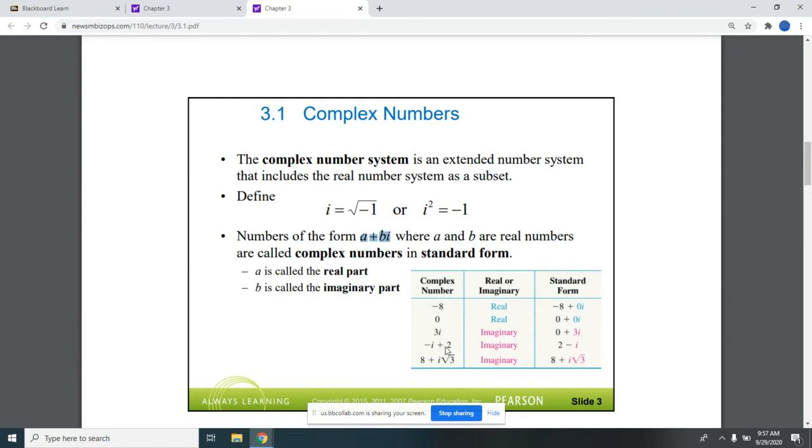Next, -i plus the square root of 2 is written in standard form as the square root of 2 minus i. Notice that the imaginary unit in your complex number must come second. And then lastly, we have 8 plus i times the square root of 3, which is already in standard form. Again, since it carries the imaginary unit i, it's a complex number.